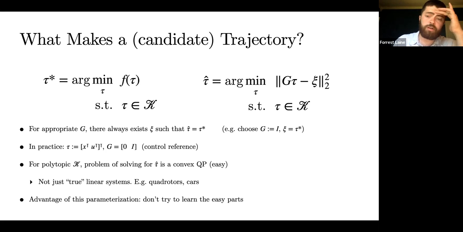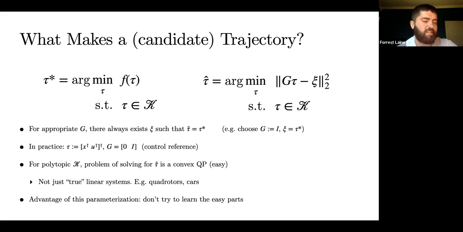Now, what we show in this paper is that you can abstract this away a little bit, and we can come up with some kind of parameter, which we call xi, where you can always choose xi such that if you solve the problem on the right, you will end up with the exact same trajectory as you get on the left. And conversely, if you start out with the problem on the left, you can always come up with xi so that tau hat equals that trajectory.